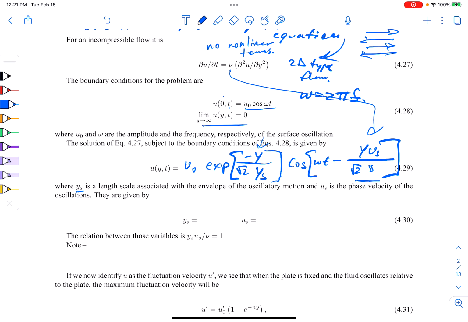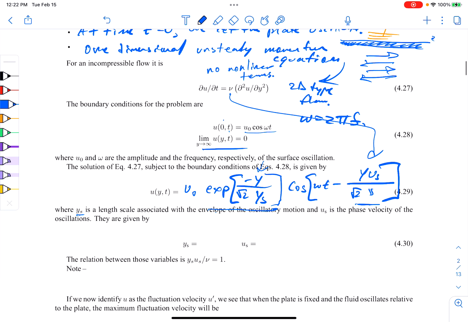Then let's look at the structure of it. So what if I let y be positive? Then I'm out in the field. You can see this first term means that as y becomes very, very large, the second term in the equation should go to 0, and I should recover my other boundary condition. But it also tells me that the magnitude of the solution goes down as e to the negative y times some constant factor.